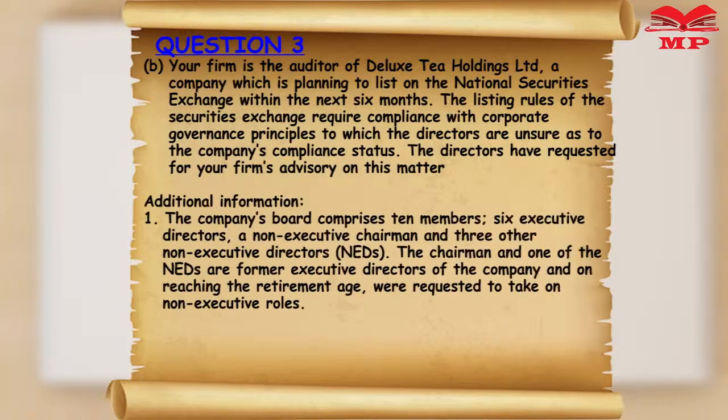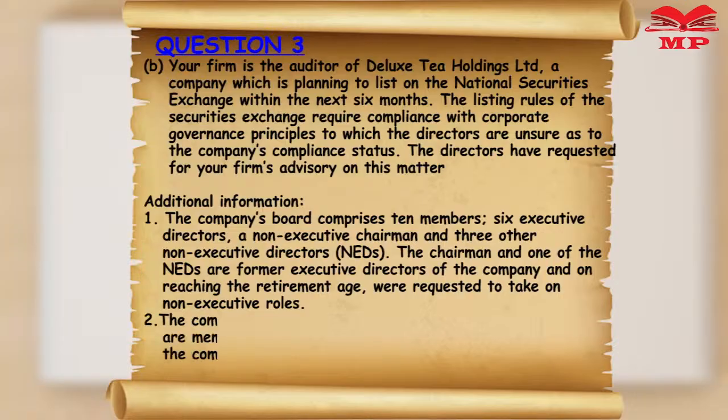Additional information: number 1, the company's board comprises 10 members, 6 executive directors, a non-executive chairman and 3 other non-executive directors. The chairman and one of the non-executive directors are former executive directors of the company, and on reaching the retirement age were requested to take on non-executive roles.